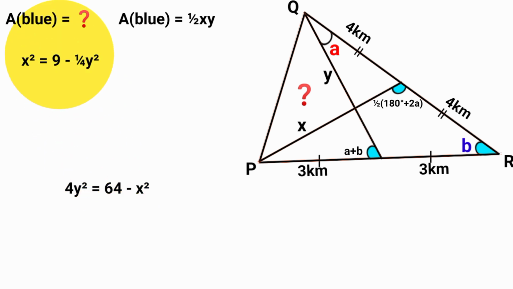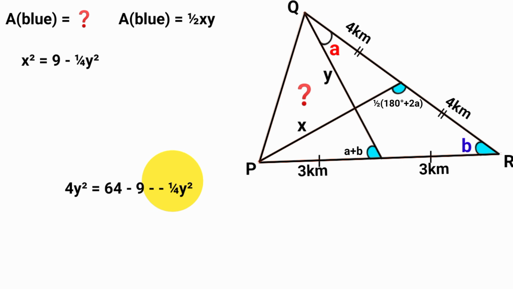Now recall here, x squared equal to 9 minus 1 over 4y squared. Replace this x squared with 9 minus 1 over 4y squared. So 4y squared equal to 64 minus open bracket 9 minus 1 over 4y squared. Minus into bracket 9 minus 1 over 4y squared is minus 9, minus 1 over 4y squared.